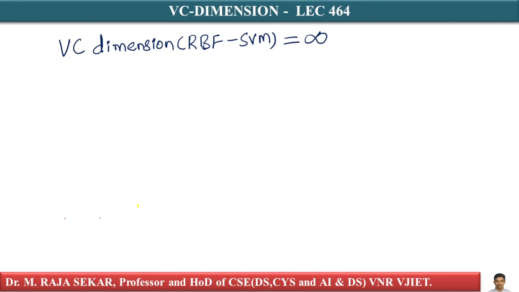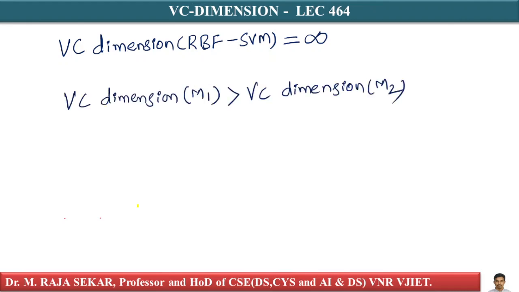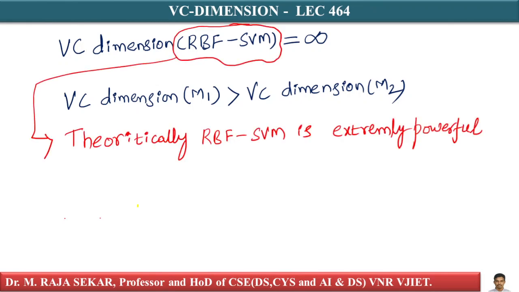If the VC dimension of one type of model is greater than the VC dimension of another class of models, say the VC dimension of M1 is greater than the VC dimension of M2, then certainly model M1 is more powerful. It has been proven that the VC dimension of RBF SVM is equal to infinity.